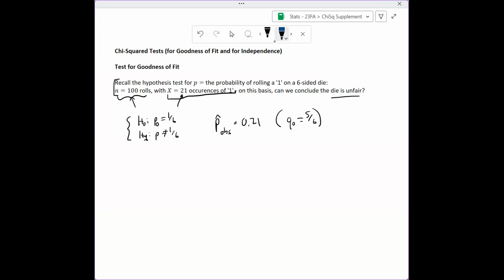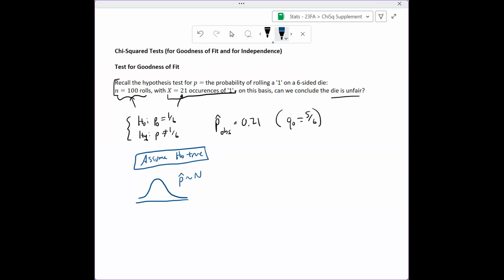And then like usual, we say assume H naught is true. So assume that the true probability of rolling a 1 for this die is 1/6. Then our random variable P hat is normally distributed.